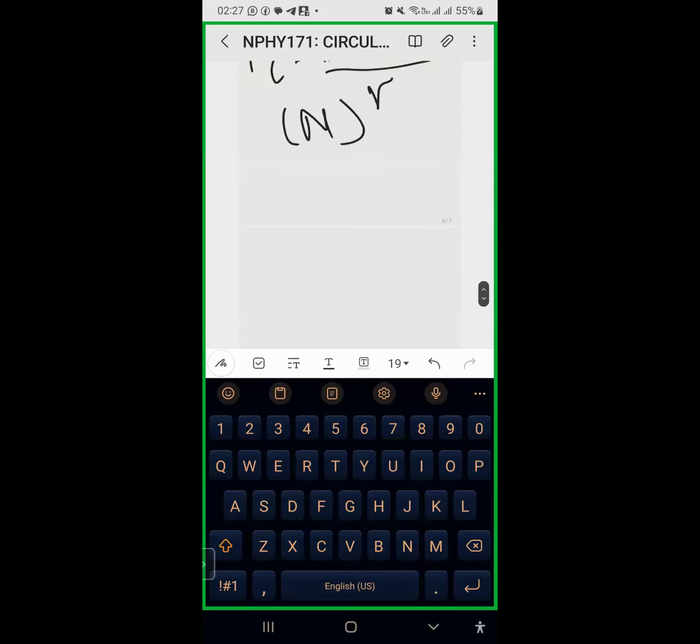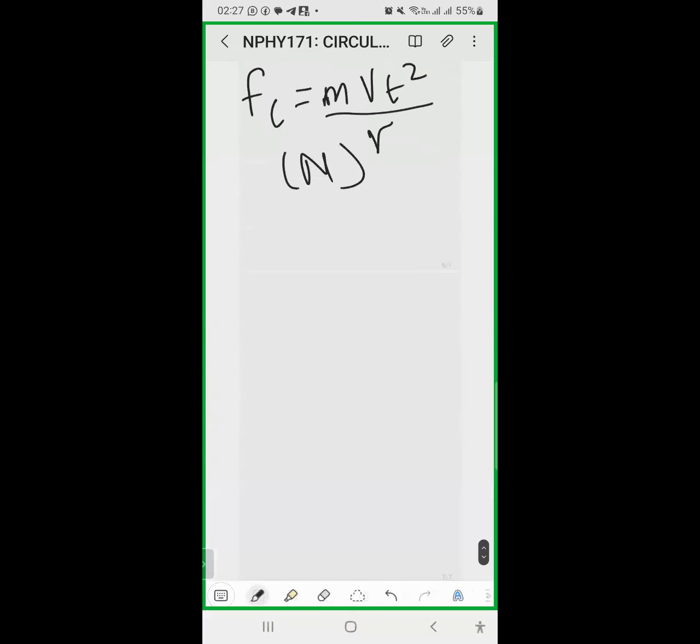Now we want to talk about the universal law of gravitation, which states that every particle in the universe attracts every other particle with a force that is directly proportional to their masses and inversely proportional to the square of the distance between them.